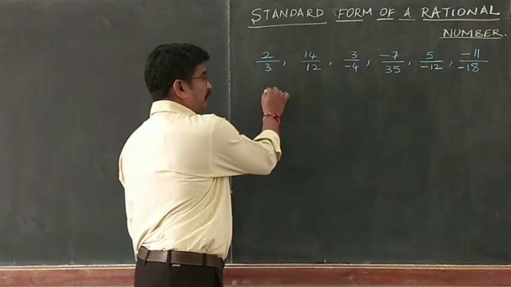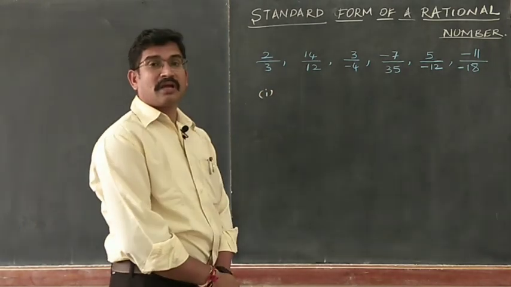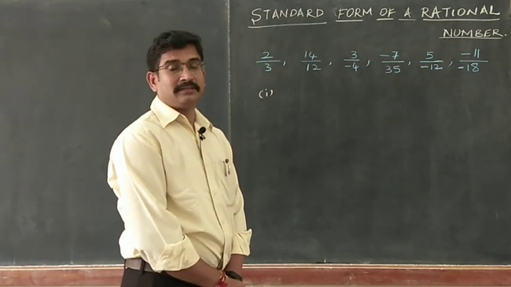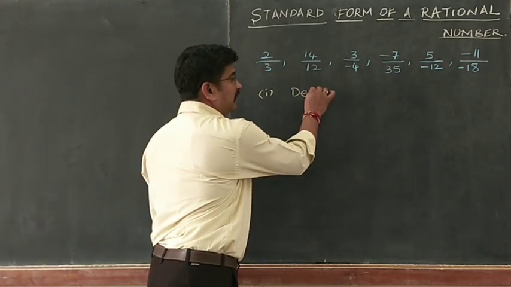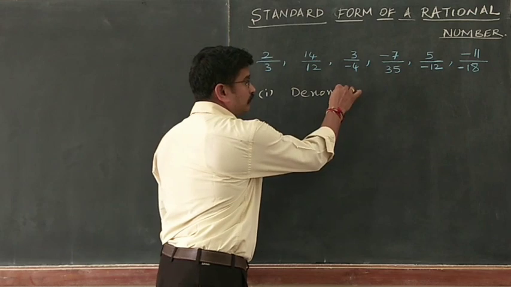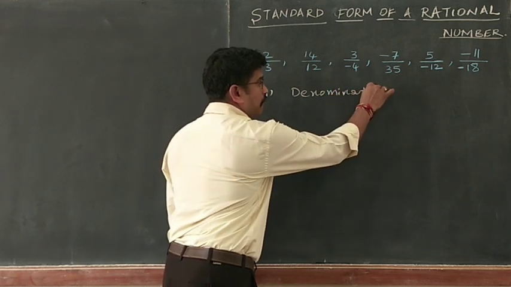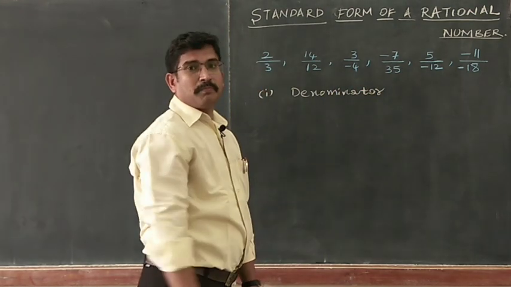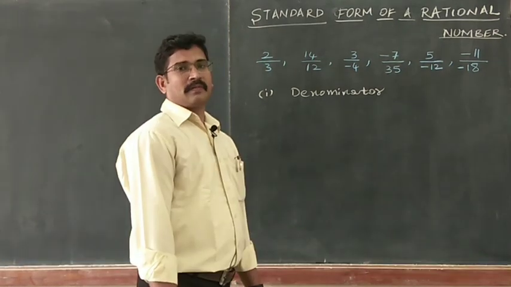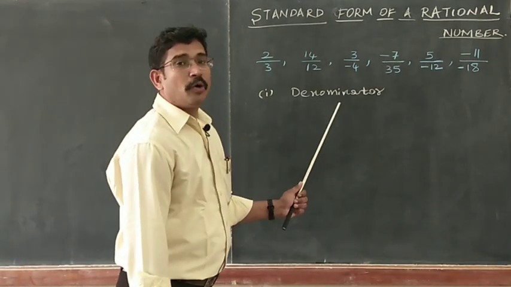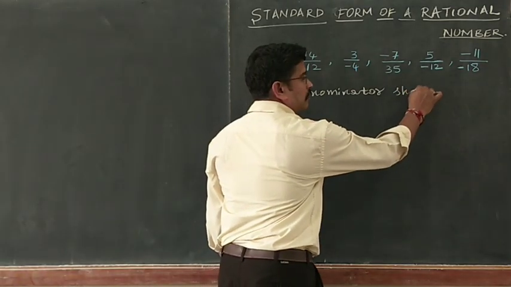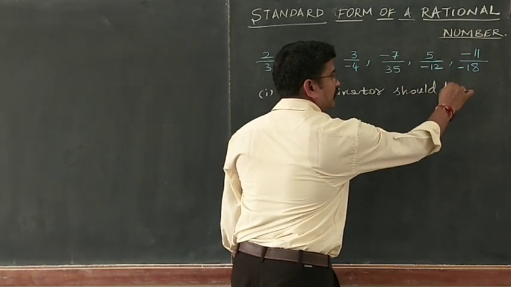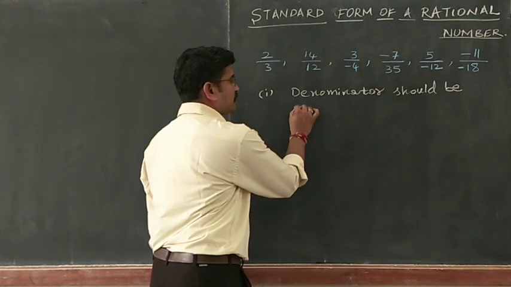The condition 1 is that the denominator, children, here the denominator should be positive.